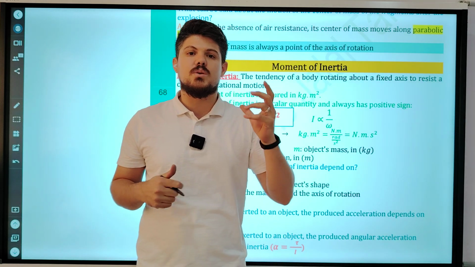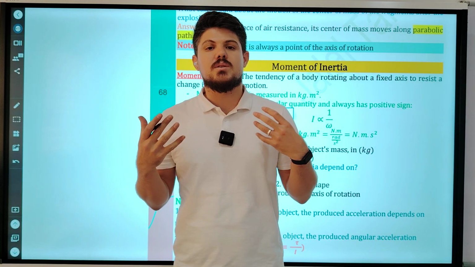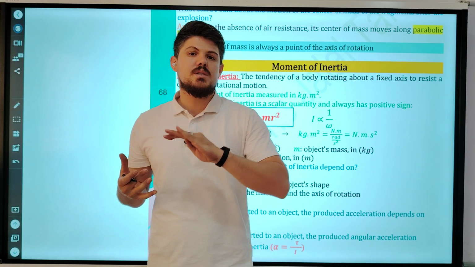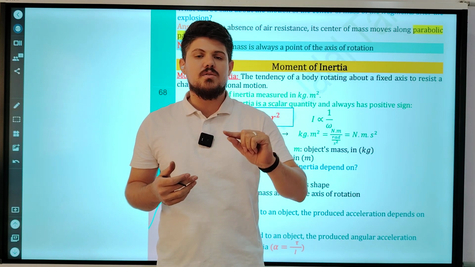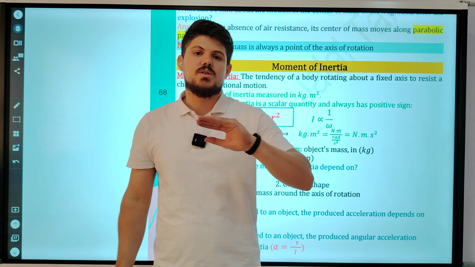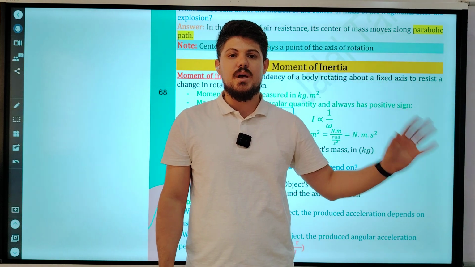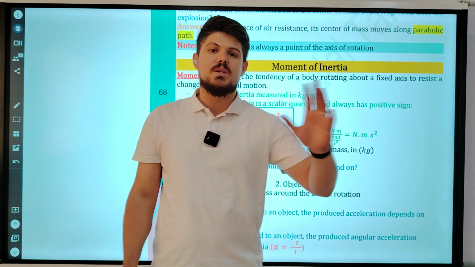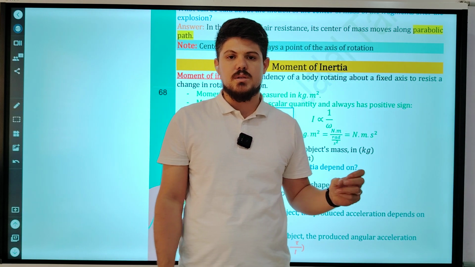The center of mass of the stick is considered to be a point mass which has translational motion. In the absence of air resistance, the center of mass of the stick moves in a parabolic path. As you know, parabolic motion is translational motion because its position changes continuously.